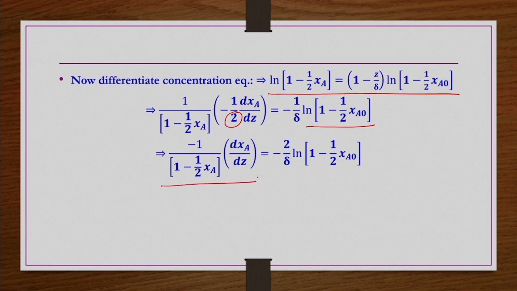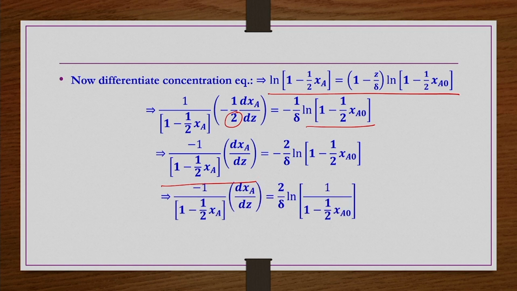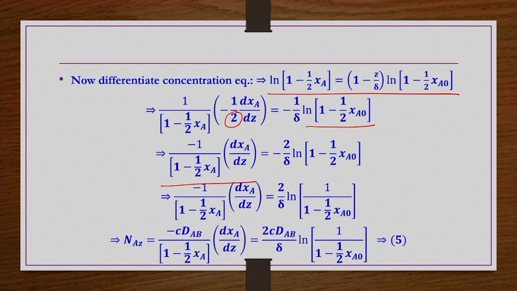Left hand side I am not doing any simplification and keeping as it is, because the flux equation we derived as NAz is equal to minus C DAB divided by 1 minus 1 by 2 xA dxA by dz. That means this equation, if I simply multiply by C DAB, I will get the flux, that is flux is 2 C DAB by delta ln 1 by 1 minus 1 by 2 xA naught.